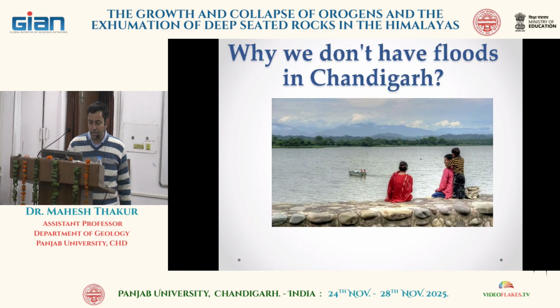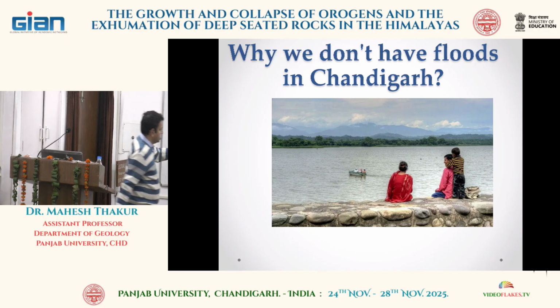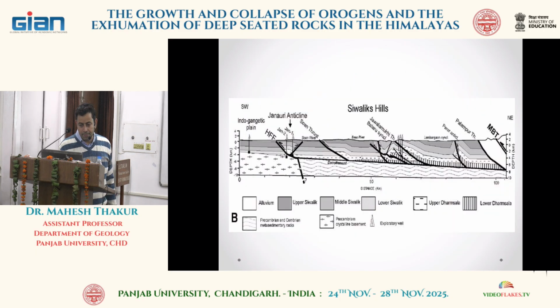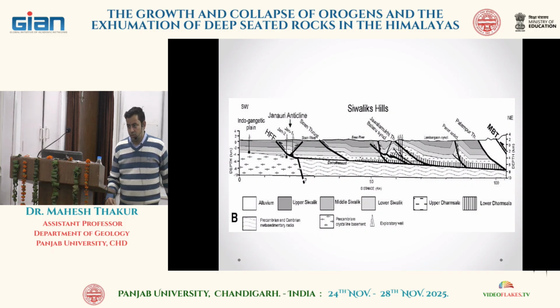As I was just telling, these are the younger rocks and these are the older rocks, as we can see in this image. This is a cross section along this in a geological map.